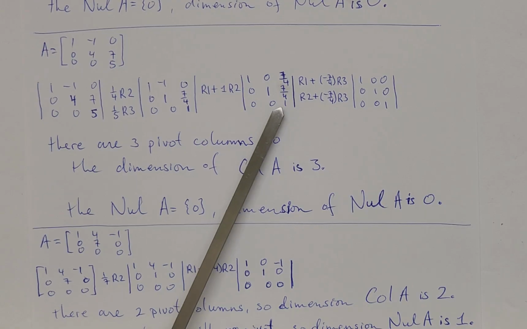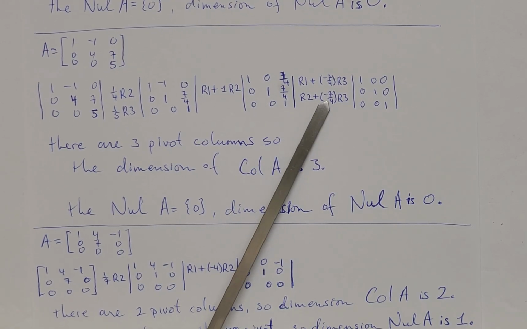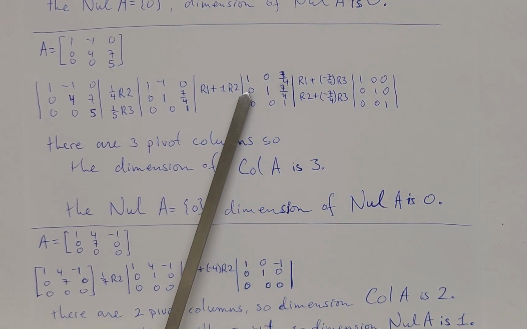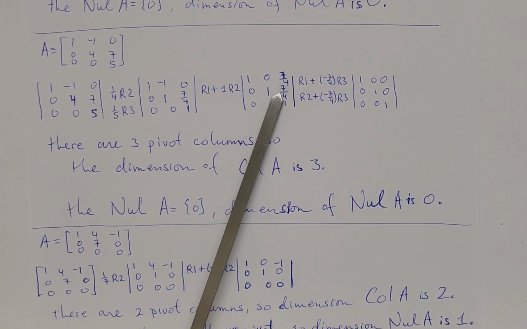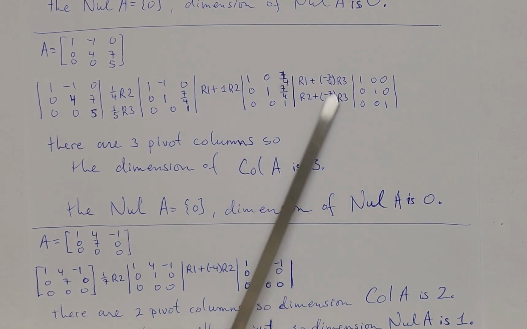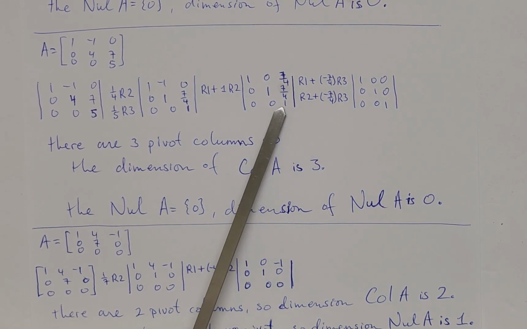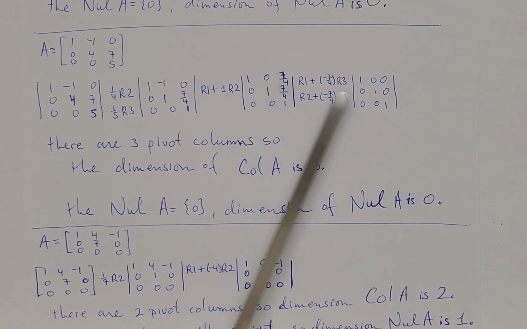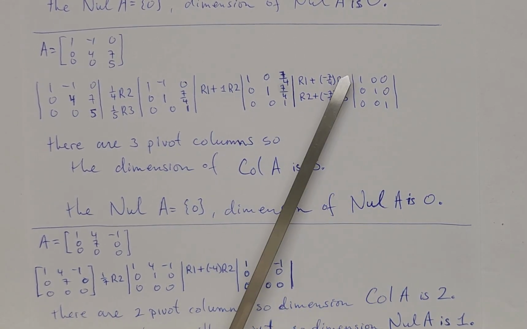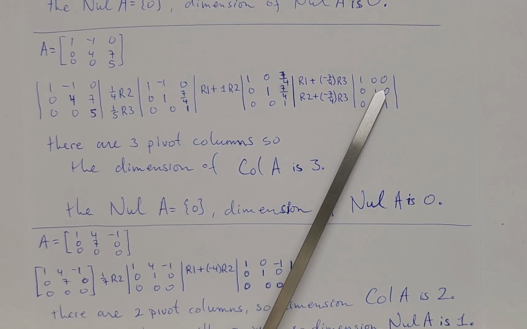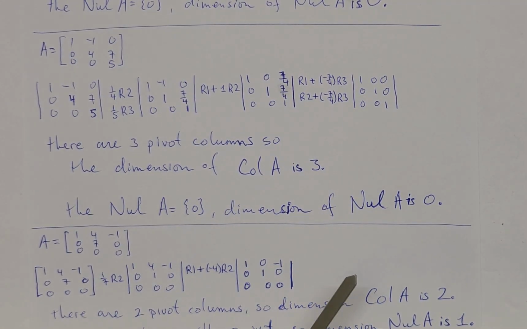So 1 times negative 7/4 is negative 7/4, plus 7/4 gives me this 0. That's for row 3 and row 2. Now we're going to do row 3 and row 1. So negative 7/4 times 1 is negative 7/4, plus 7/4 gives me this 0. Once I have 1, 0, 0, 0, 1, 0, 0, 0, 1, then we are completely done.